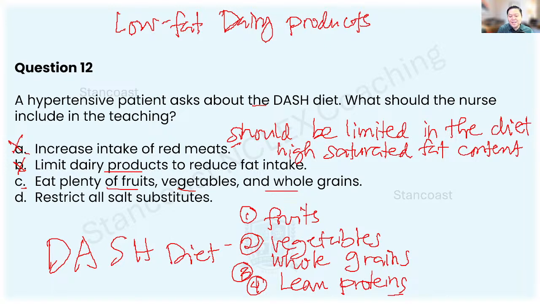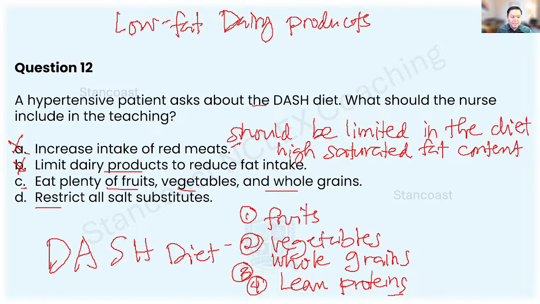And basically, our end goal here is to lower the blood pressure. Now, if you had answered restrict all salt substitutes, well, the salt substitute is not universally restricted here. Our focus here is to reduce the sodium intake from all sources.